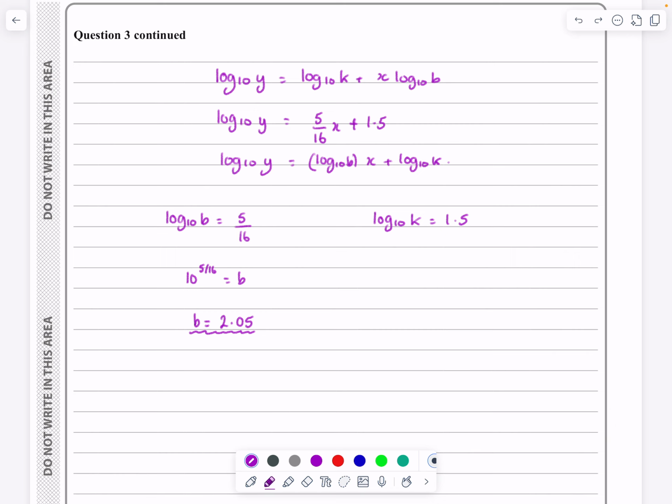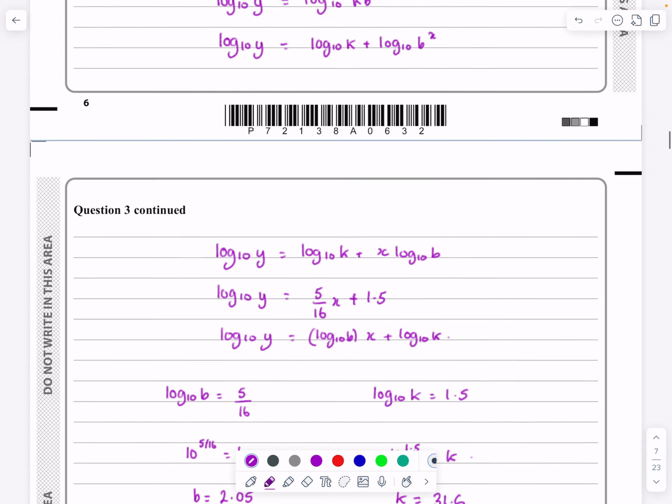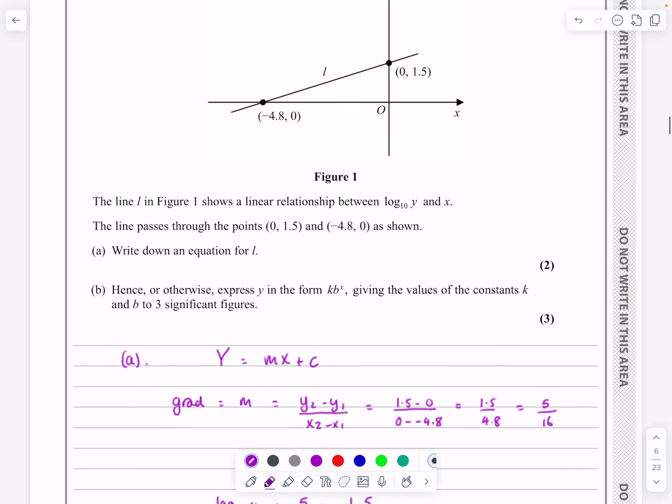And so following exactly the same logic through, then 10 to the power of 1.5 is equal to k, so k works out to be, to 3 significant figures, 31.6, which means that we've answered both parts to that.